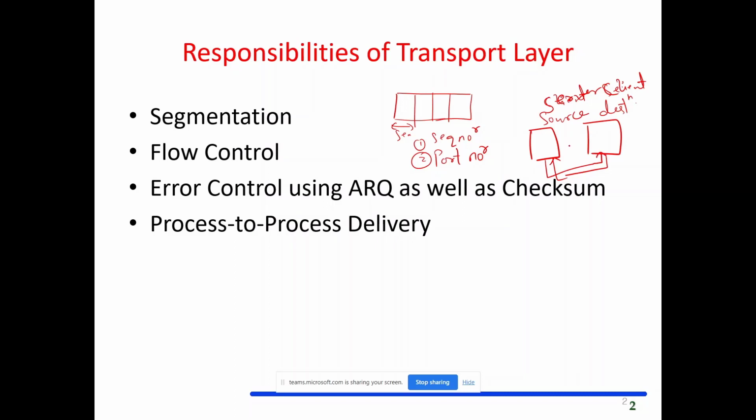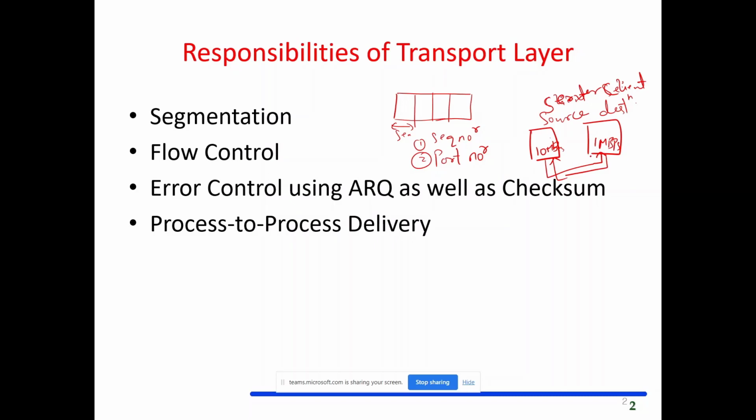There is some capacity for the client and some capacity for the server, that means the speed, for example 100 Mbps and 1 Mbps. This speed of the source and destination must be matched so that there is no loss of frames or loss of the data being transmitted.